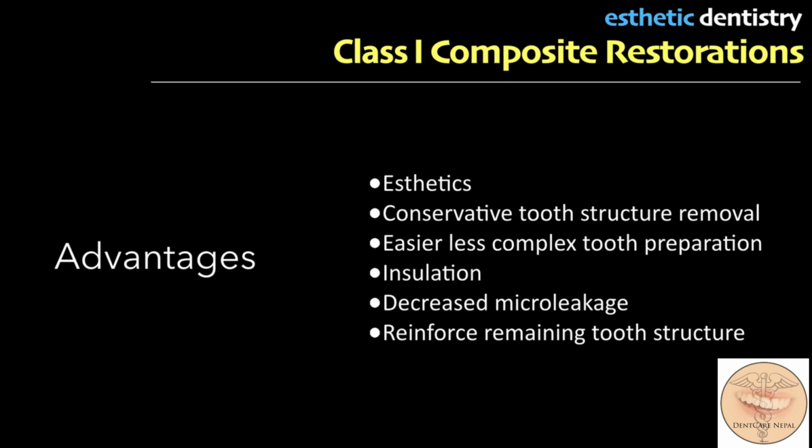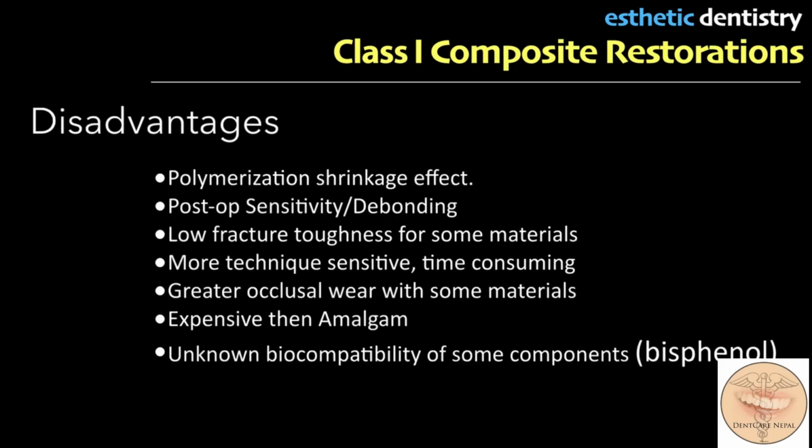For example, decrease in recurrent caries, decrease in post-operative sensitivity, increase in retention, and increase in the strength of the remaining tooth structure. When talking about the disadvantages, they are mostly related to the material, or if you are not using a recommended material, there is greater localized wear. If you are not using it in the described manner, there will be some polymerization shrinkage effects.